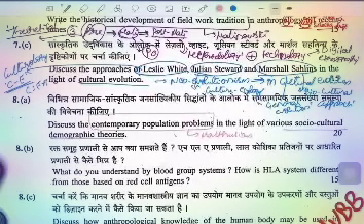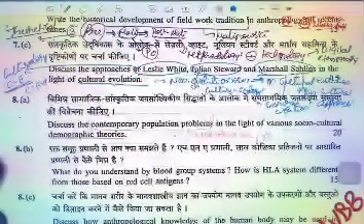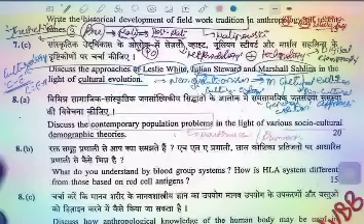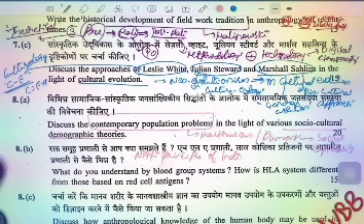Then apart from that, we can even talk about Dumont's theory, the social capillarity theory. Apart from this, we can even talk about Nitti's principle of individuality.